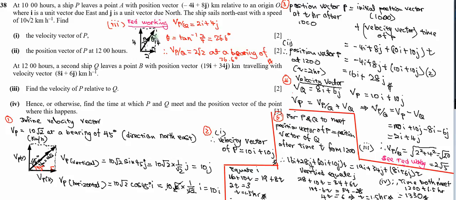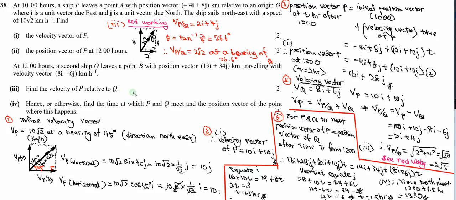So this angle is tangent inverse of 2 over 4, which gives you 26.6 degrees. Therefore, a complete answer for the velocity of P relative to Q is 2 square root 5 at a bearing of 26.6 degrees. Okay, this completes part 3 of the question.